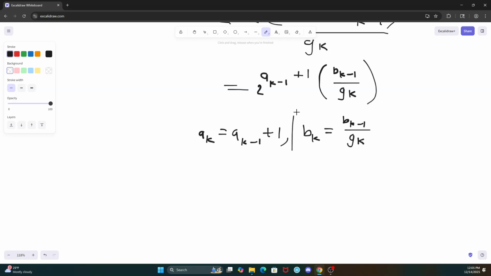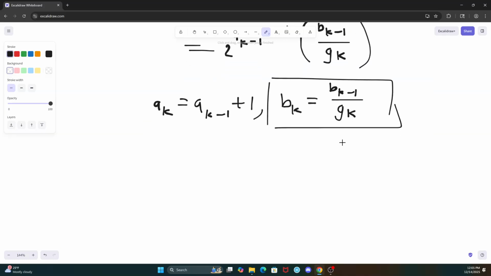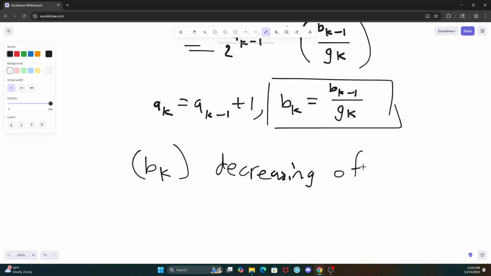So let's look at the sequence of b sub k's then, because that's the sequence that has a g sub k term inside it. And so the sequence b sub k, we get it from the previous term dividing by g sub k. And so we immediately get that b sub k is a decreasing sequence of positive integers.